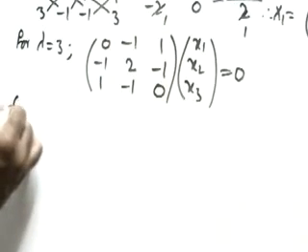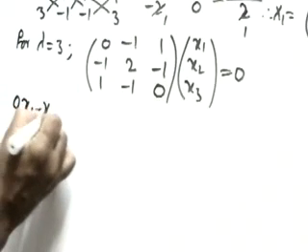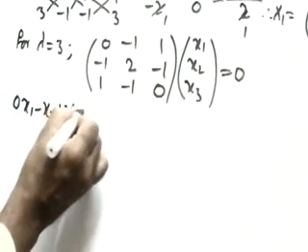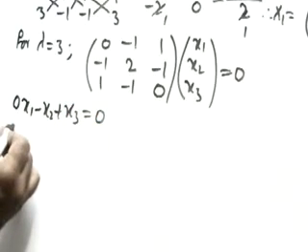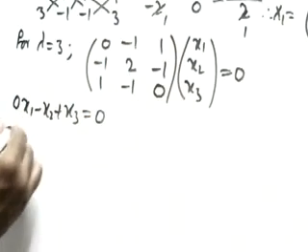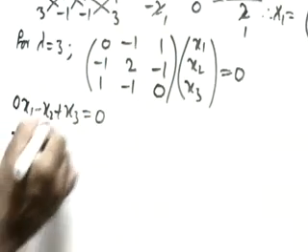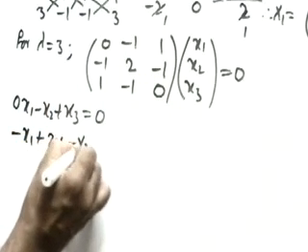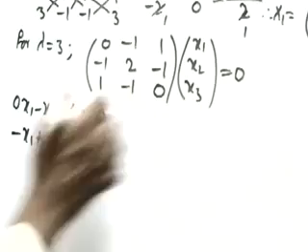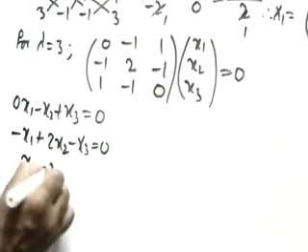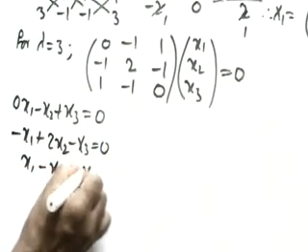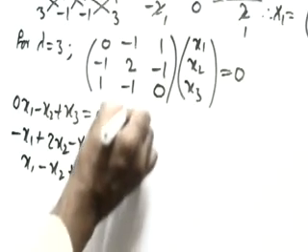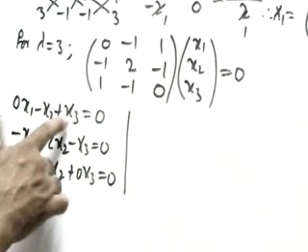Now multiply this one, 0 into x1, 0 x1 minus x2 plus x3 equals to 0. Now minus x1 plus 2x2 minus x3 equals to 0. Lastly, x1 minus x2 plus 0 x3 equals to 0.